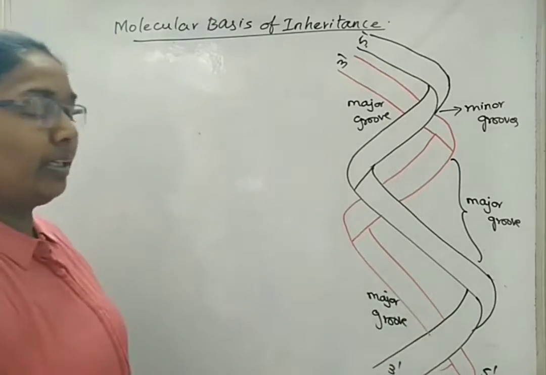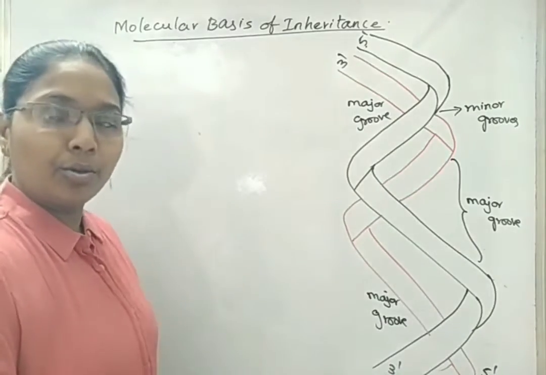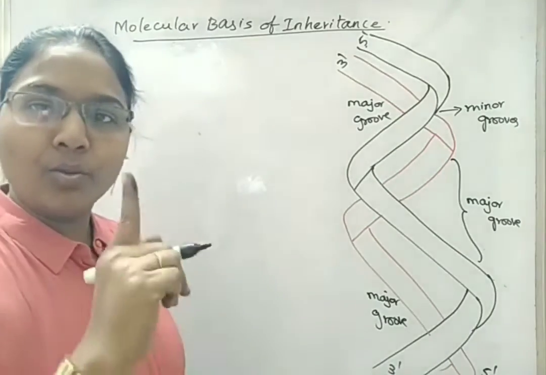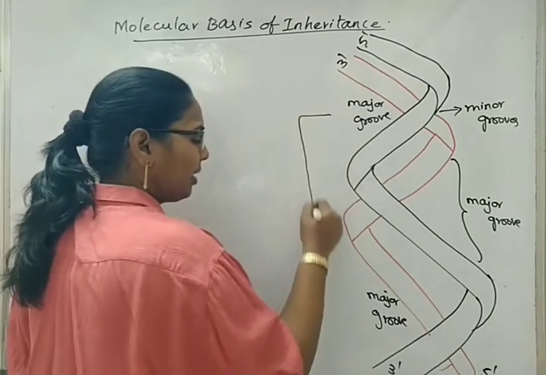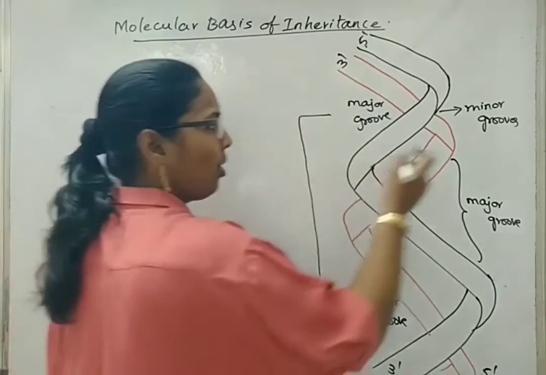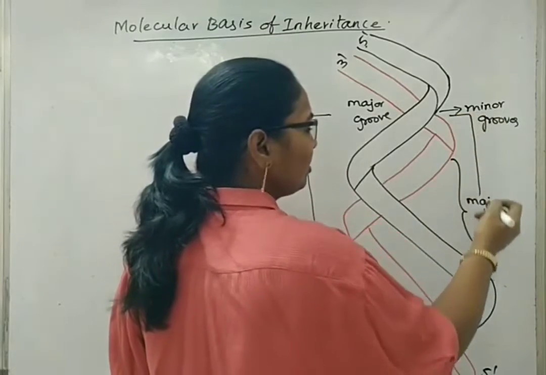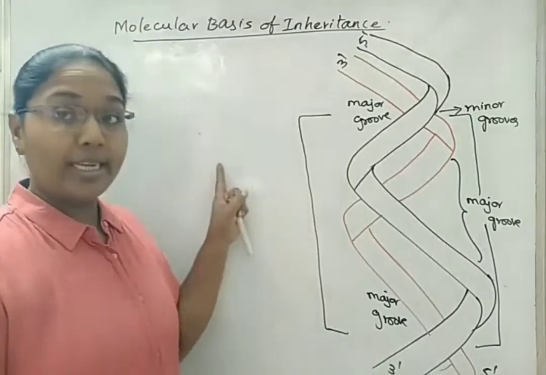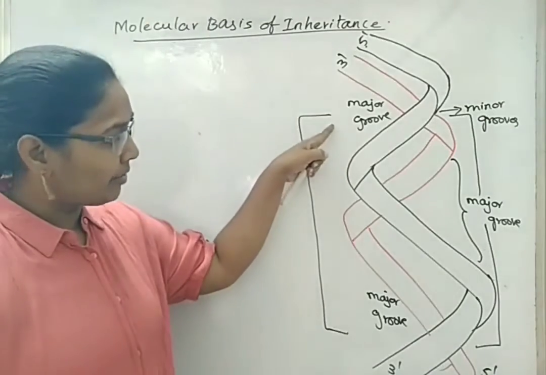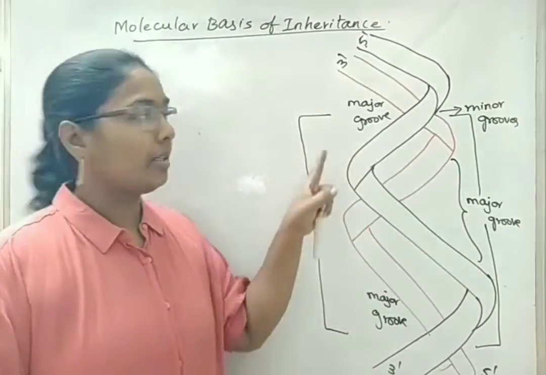The distance between two major grooves or two minor grooves is considered as one turn of the DNA. It can be from here to here or from here to here. We should consider only one side, not from a major groove to the major groove on the other strand.